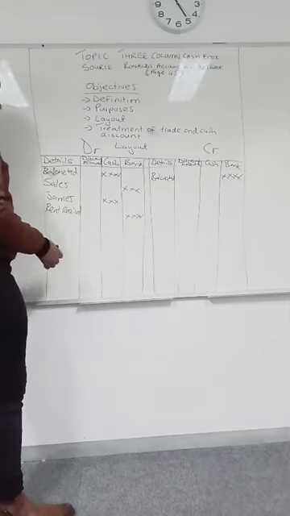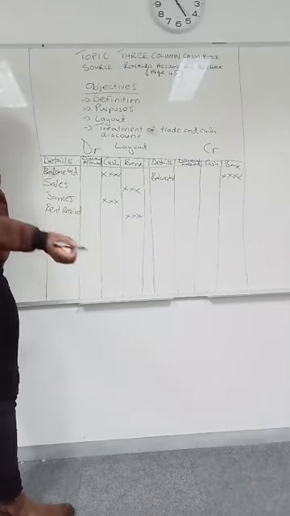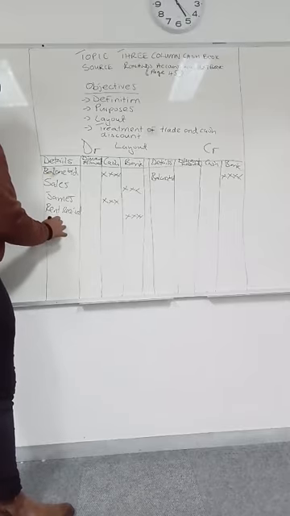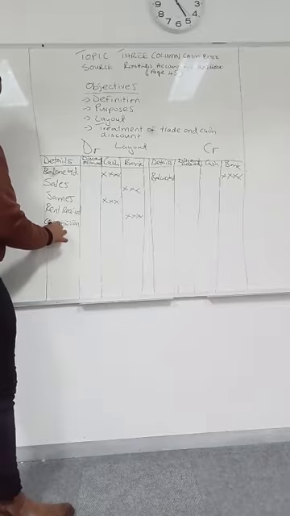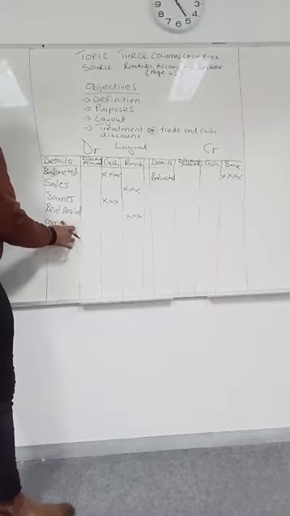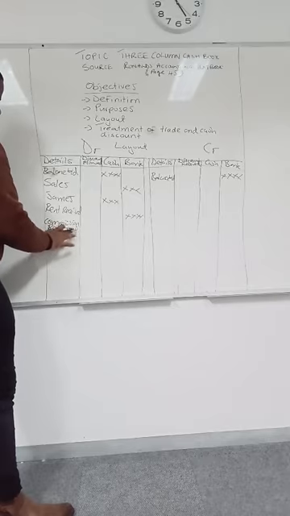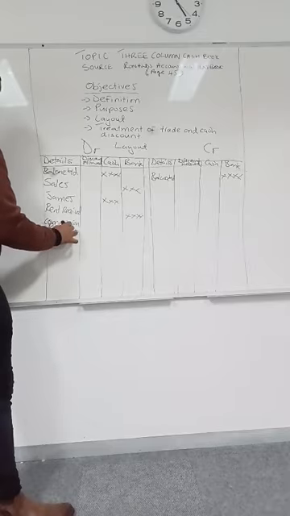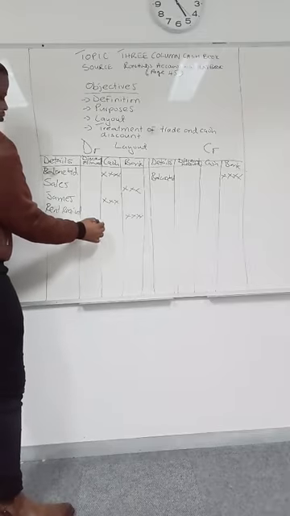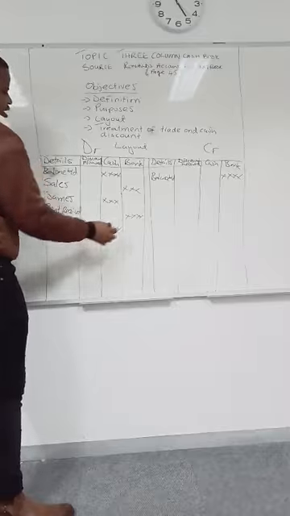Also, another receipt that you can receive is commission. Maybe we are working under commission. Commission received. Maybe this one we received via cash.